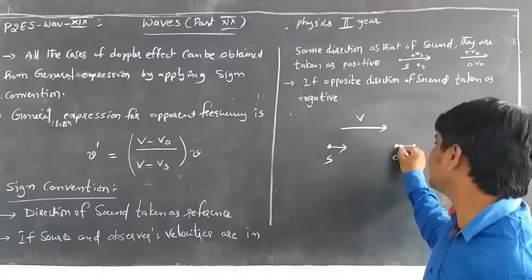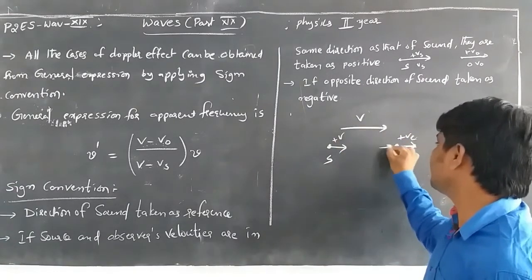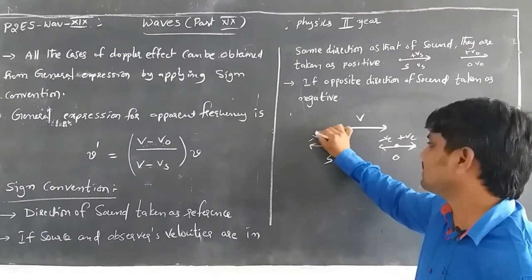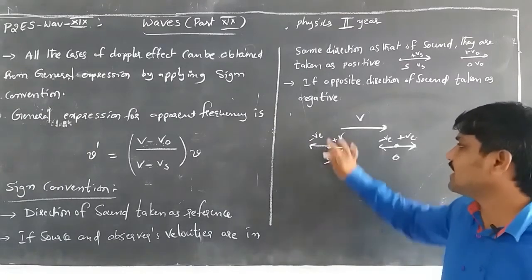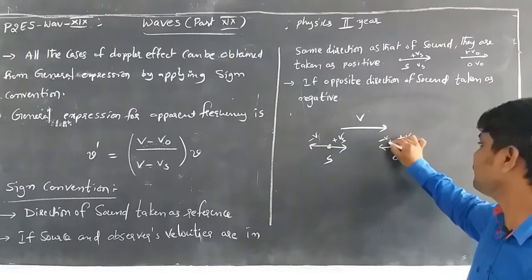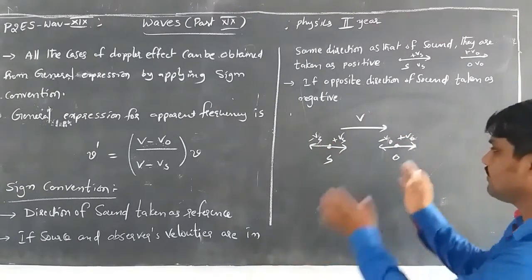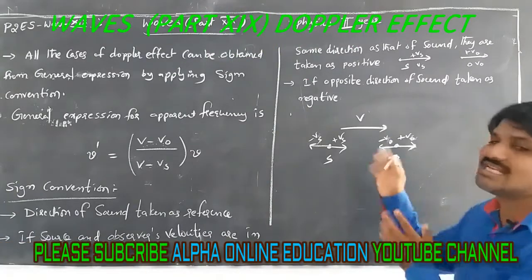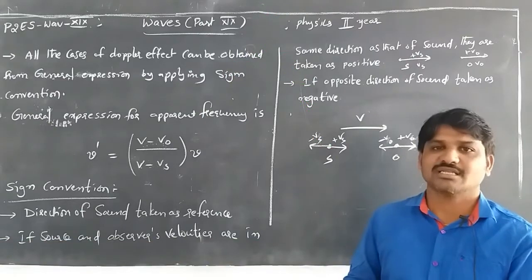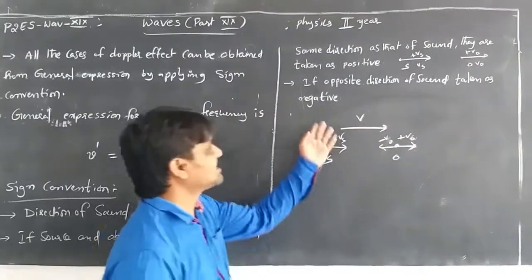If they move in the positive direction, it is positive; if they move in the negative direction, it is negative: positive Vs, positive V naught, negative V naught, negative Vs. It totally depends on this sign convention. By using this general equation, we can find the apparent frequency of a wave in all the cases by using this sign convention.